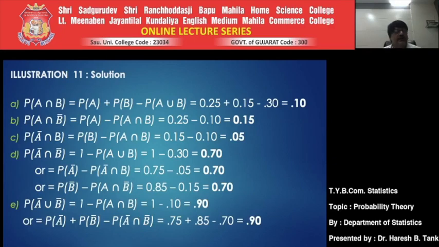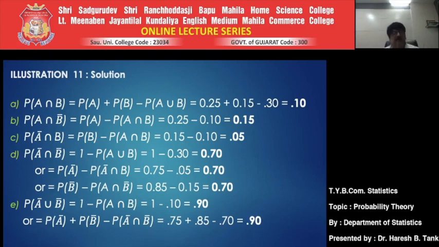As we know, probability of A intersection B, as it was in the case study, is probability of A plus probability of B minus probability of A union B. That means it is 0.25 which is given, 0.15 which is given, minus probability of A union B which is given to you, which comes to 0.10. And that is the ultimate answer.